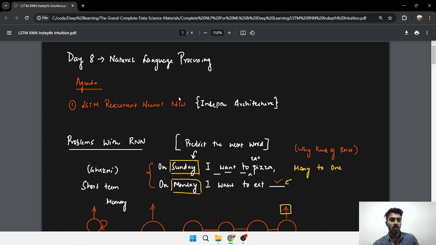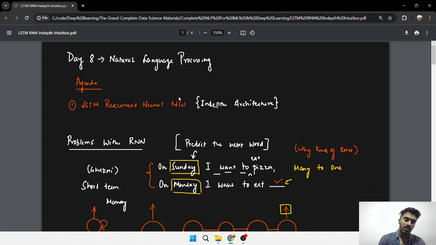Previously we talked about how RNN works and why we don't use it. RNN has a vanishing gradient problem and a dead neuron problem, and it can't capture the context of previous words if the length is very huge. LSTM RNN helps reduce this problem to some extent, but it is not 100% good.